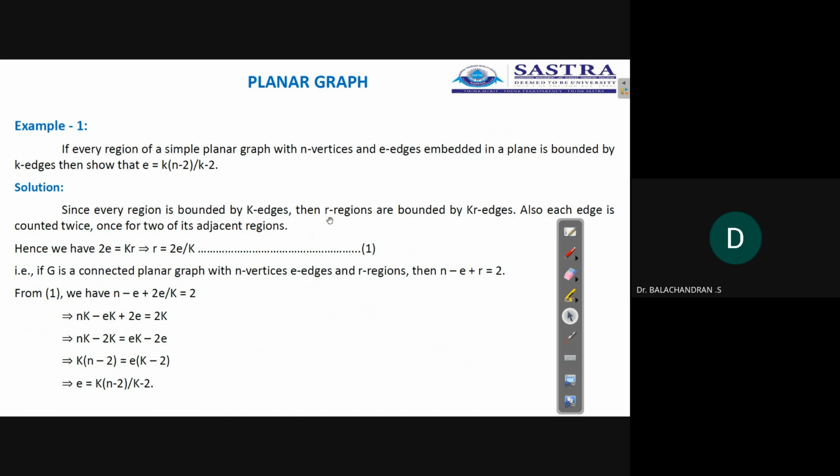So suppose there are R regions in the graph. Each region is bounded by k edges, so R regions are bounded by kR edges. Also each edge is counted twice, once for each of its two adjacent regions. So 2e equals kR. I should explain why it is 2e equals kR.